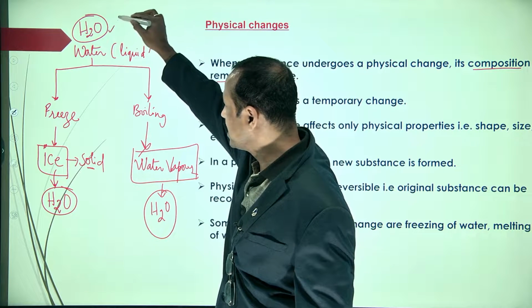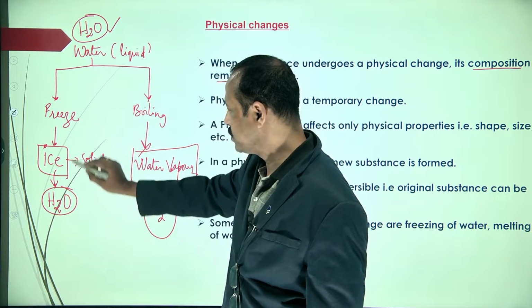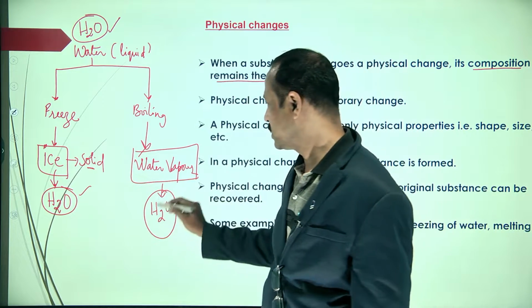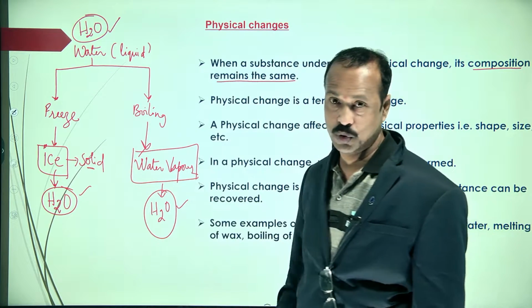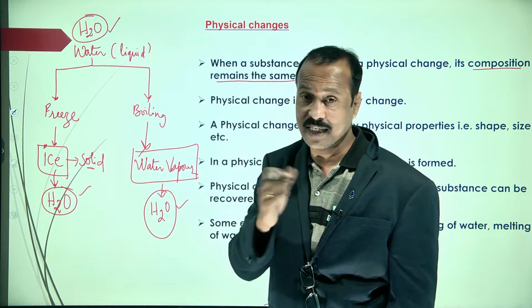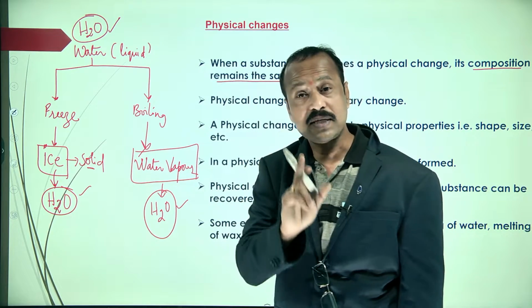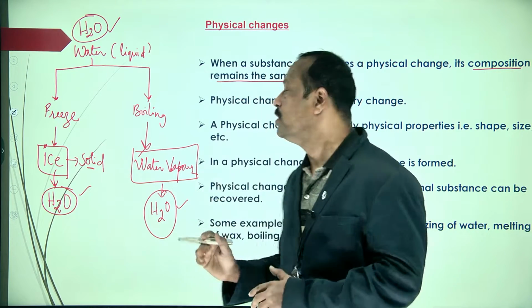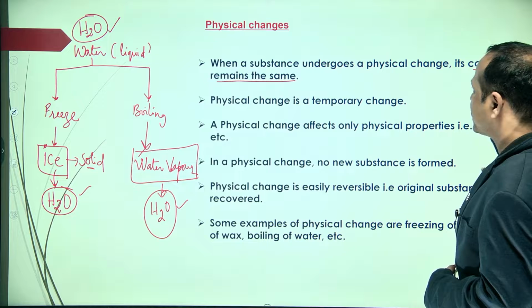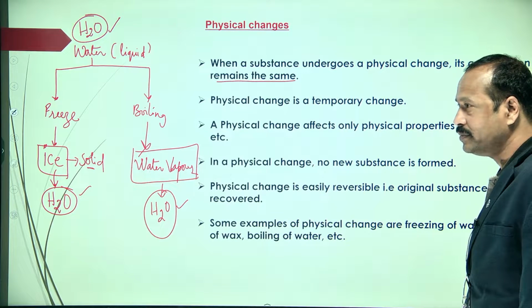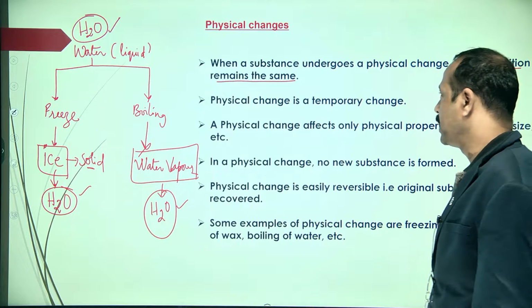In the solid state also H2O, 2 hydrogens, 1 oxygen, and in the vapor state also H2O, 2 hydrogens, 1 oxygen. So the meaning is, whatever physical changes of state it undergoes, its composition, how it is made up, remains the same. Is this clear to you?